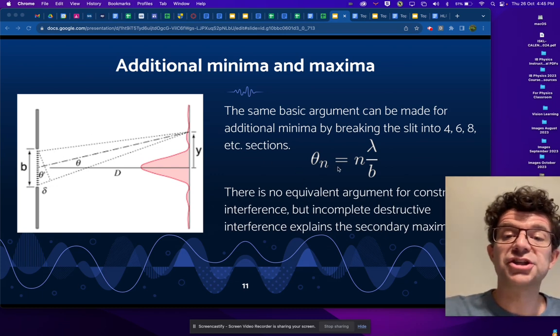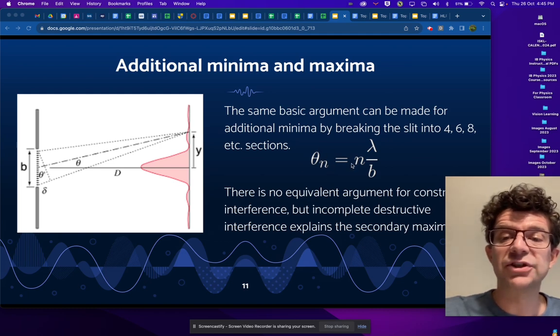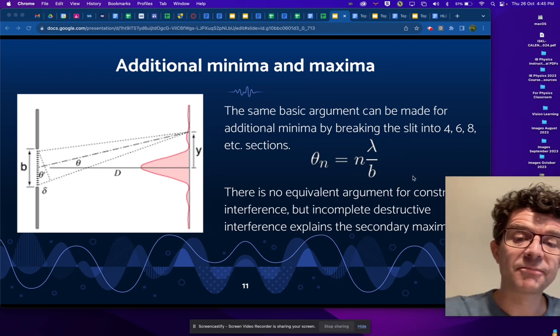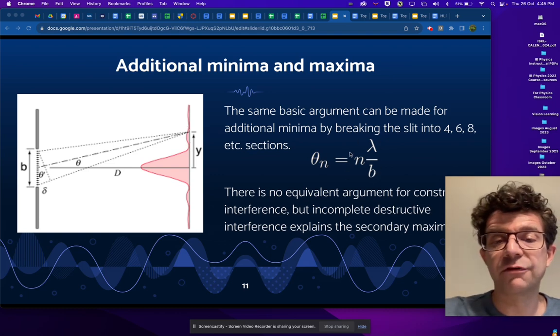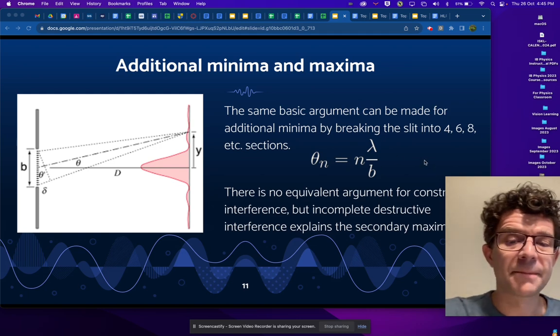And so the location of additional minima, we'll call those theta n, is equal to the integer multiples of lambda over b. So you can find the first minima at lambda over b for the angle. You can find the second minima at 2 lambda over b, the third minima at 3 lambda over b.